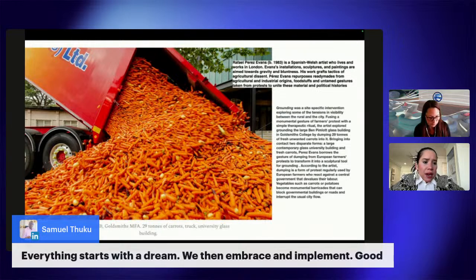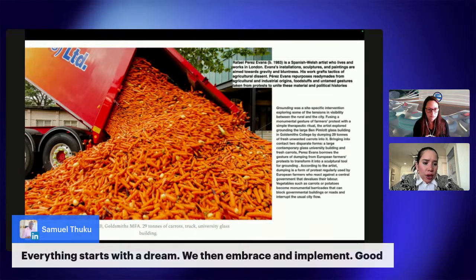He dumped 29 tons of fresh, unwanted carrots into it. I'm not a part of the food system, but apparently these carrots were rejected for a reason. Bringing into contact two disparate forms, a large contemporary glass building and fresh carrots.